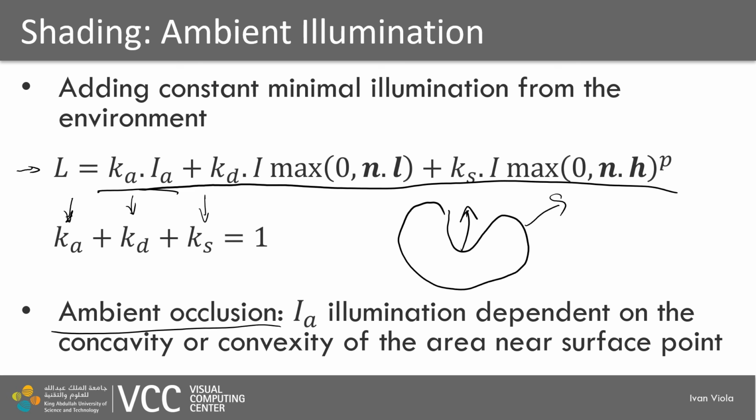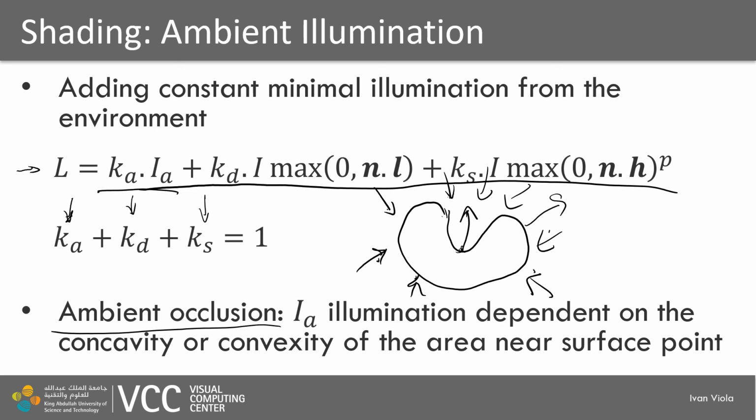But in this cavity, we are limiting the incoming light coming from all directions. Here we will be limited only to the light coming from these directions, and therefore all these components of the ambient light will not be illuminating this part.